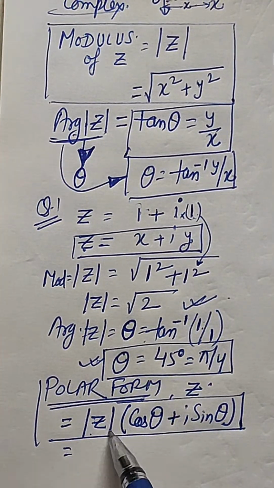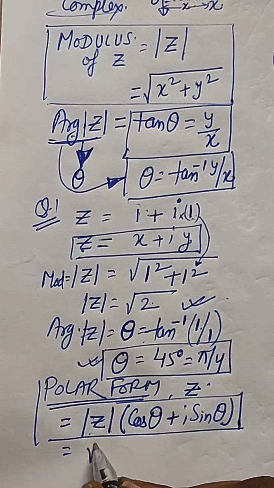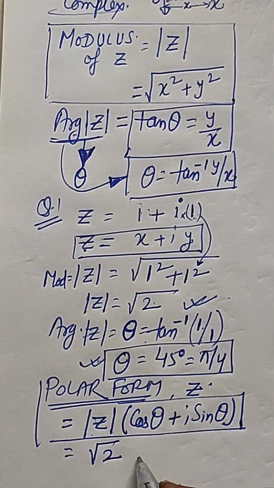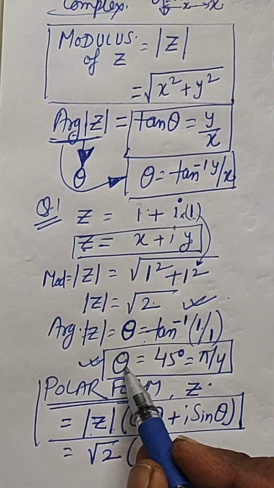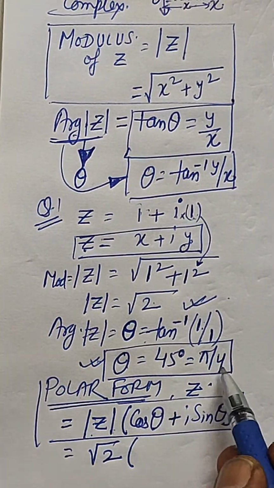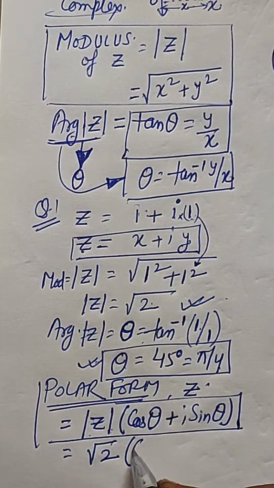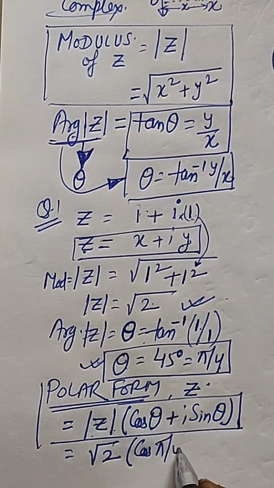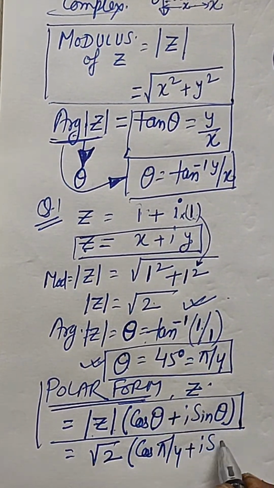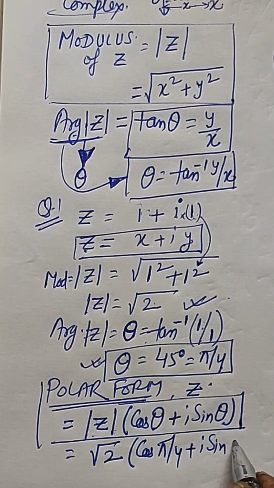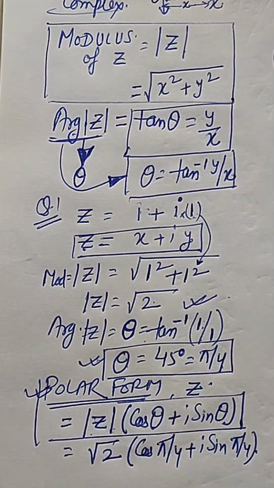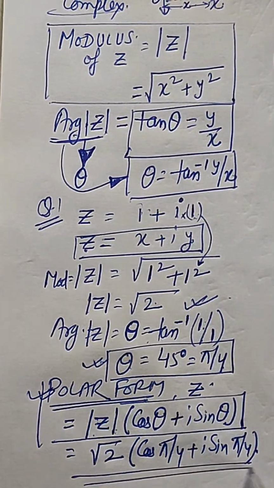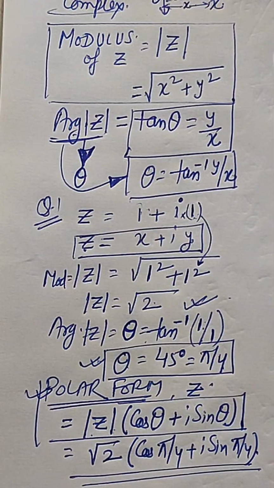And modulus of z over here is root 2, right? Root 2, and cos theta. If theta, the argument, is considered as pi by 4, then it will be cos pi by 4 plus i times sine of the argument, that is pi by 4. So in this way the polar form can be represented for any complex number, right?